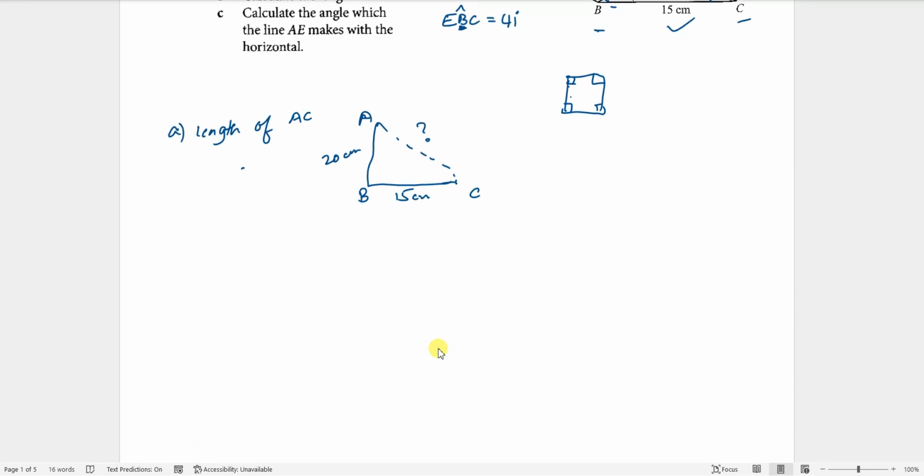Let's solve it. I think you are aware of the trigonometric rules, SOH CAH TOA.